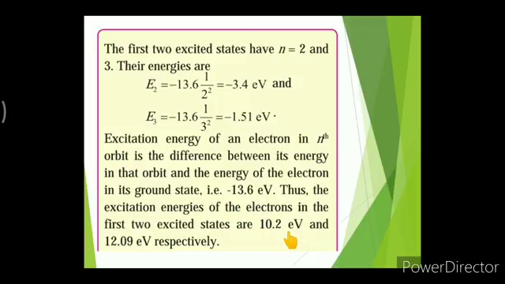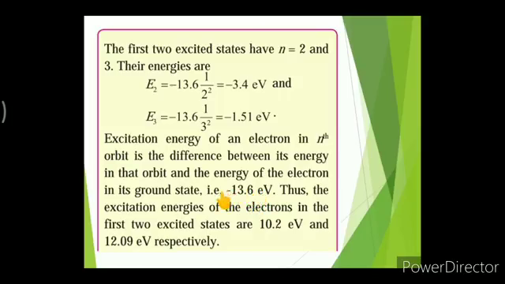Similarly, to determine the excitation energy of the electron for the second excited state, it is the difference between E3 and the energy of the electron in the ground state. So the difference between E3 and E1 will give the value of the excitation energy of the electron in the second excited state.